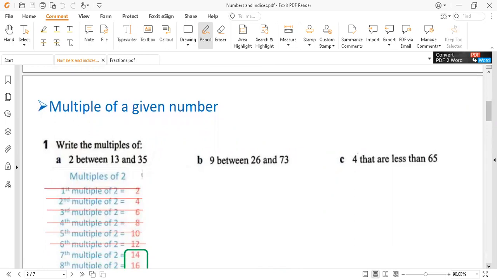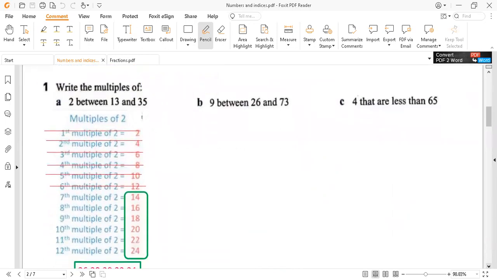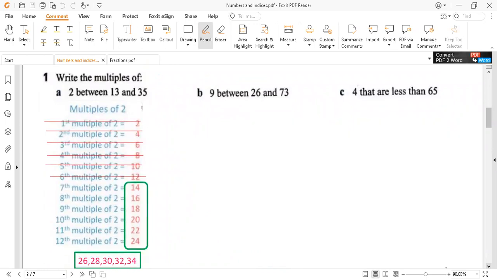If we are asked to write the multiples of 2, for example, what do we mean by the word multiple? Normally, if you multiply the number by 1, by 2, by 3 in order, we obtain the first multiple, the second multiple, the third multiple, and so on.